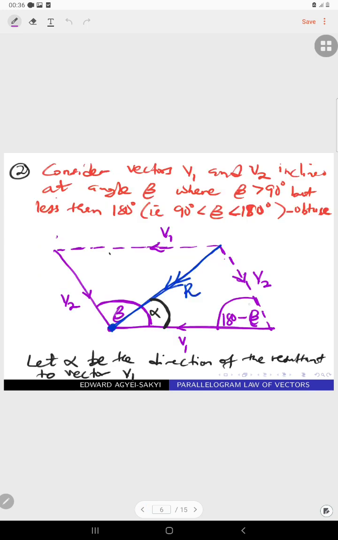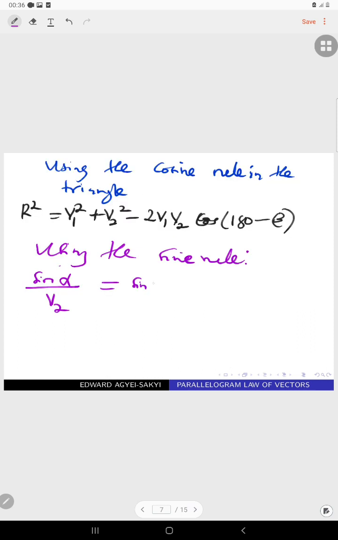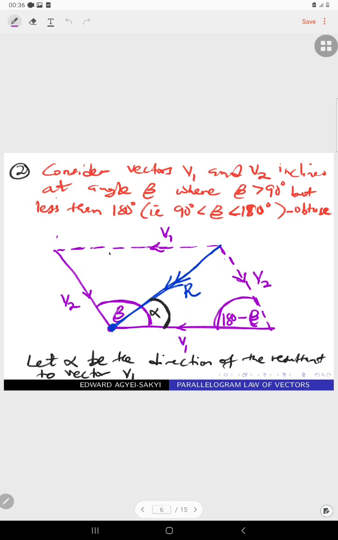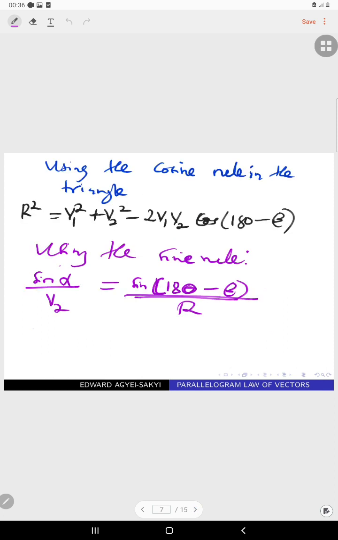Sine 180 minus this angle over R. Sine 180 minus beta over what? R. So from here you get your angle. And when you finish getting your angle, how do you state your direction?